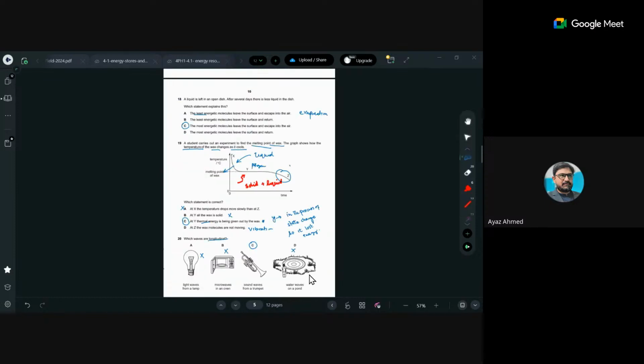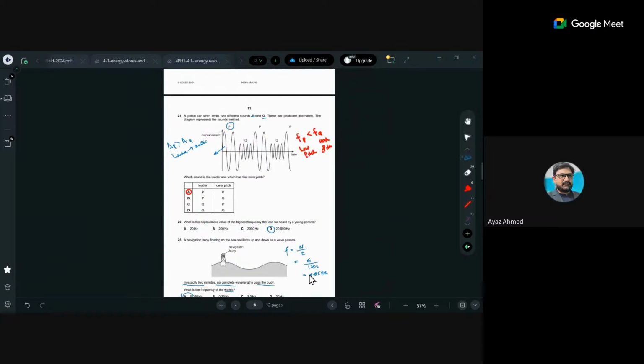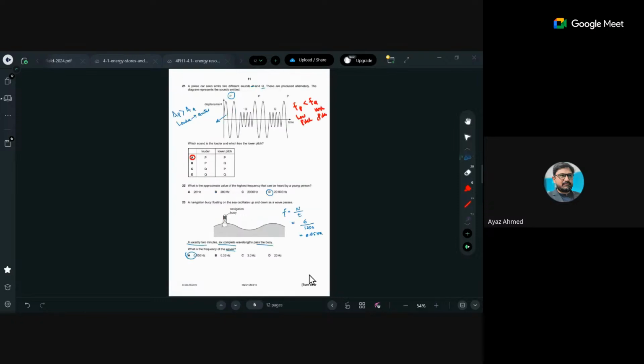Next page, 18, 19, and 20 are there. So 18C, 19C, 20C. Done. On the next page, 21, 22, and 23 are there. So 21A, 22D, and 23A.